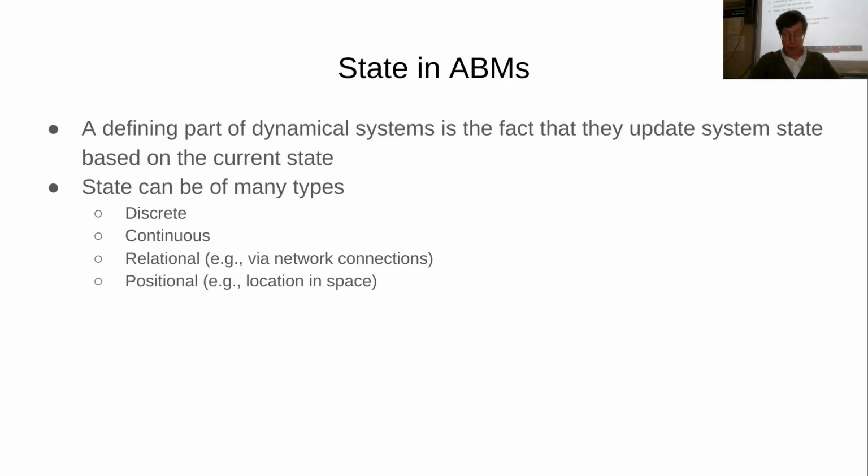But I noted some salient features quite specific to individual-based models and prominent within agent-based models, that we can represent state of different sorts: discrete, continuous, relational, positional. And I argued that this flexibility was important in many examples. We'll be seeing rather detailed discussion of some of the advantages of characterizing these matters relationally or positionally.